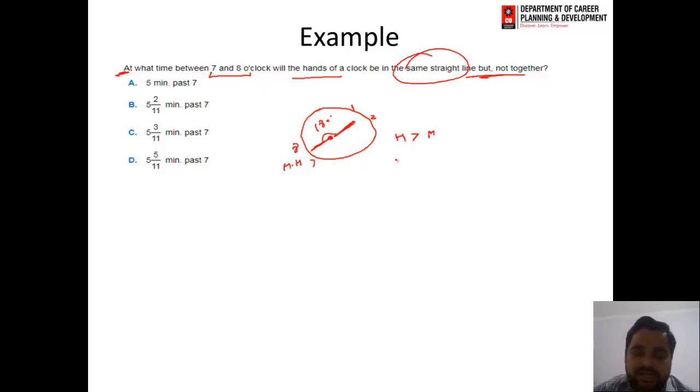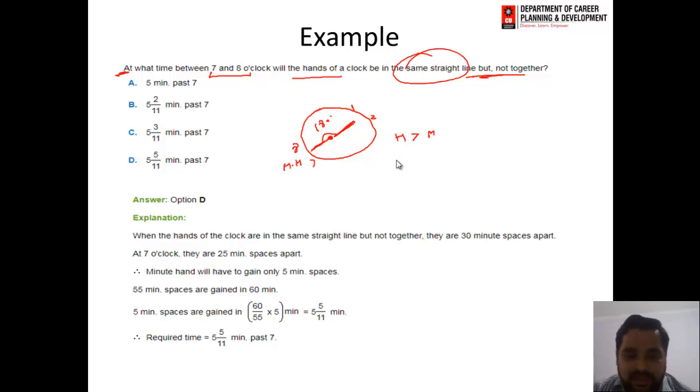So now we can find the value of m using the concept like this. Here in the explanation, when the hands of the clock are in a straight line but not together, they are 30 minutes apart. At 7 o'clock they are 25 minutes apart. At 7 o'clock the hour hand is at 7 and the minute hand at 12.